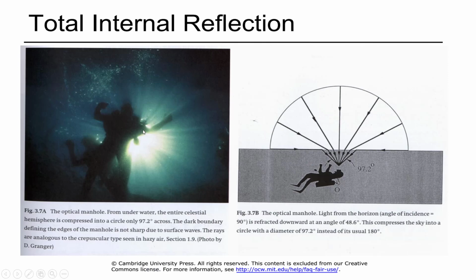Similarly here, when a scene like this is being rendered, where the camera is under a dense transparent material like water, this particular effect can be rendered using total internal reflection. This is one of the cases where we will need this.